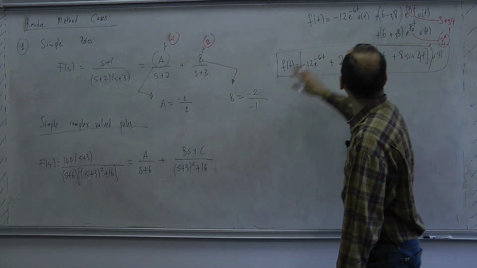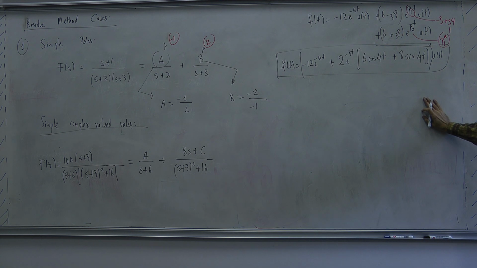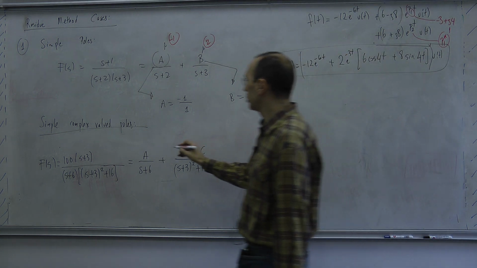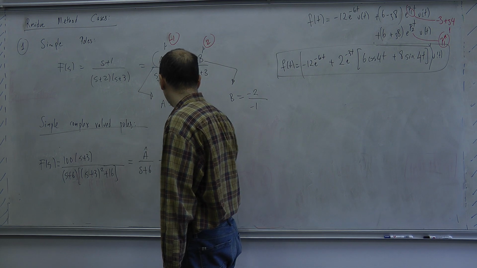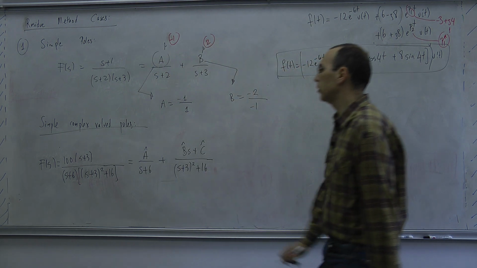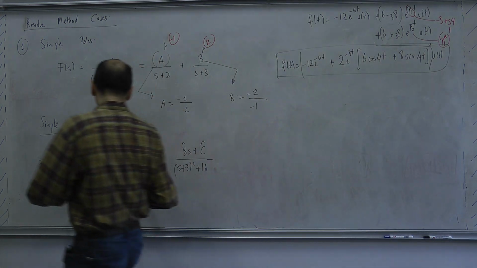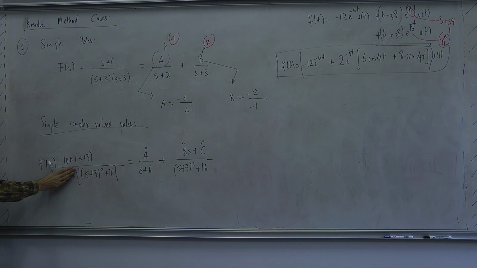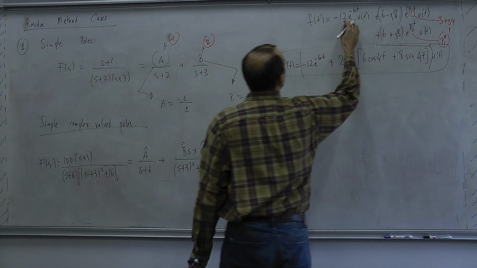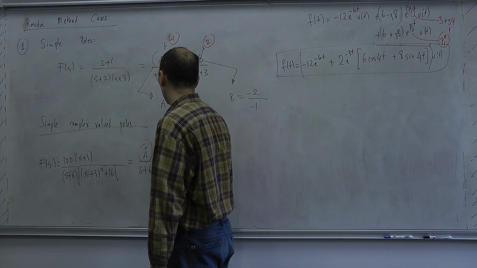Of course, this b and this c is different from the earlier one right now. So if you wish, I can put a hat, b hat, c hat, not to cause any confusion. Now what is a hat? Again, the same operation. You multiply by s plus 6 and substitute s is equal to minus 6. So it should be this coefficient, isn't it? It should be the same.